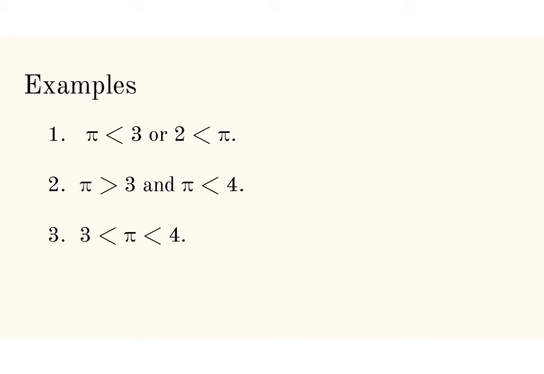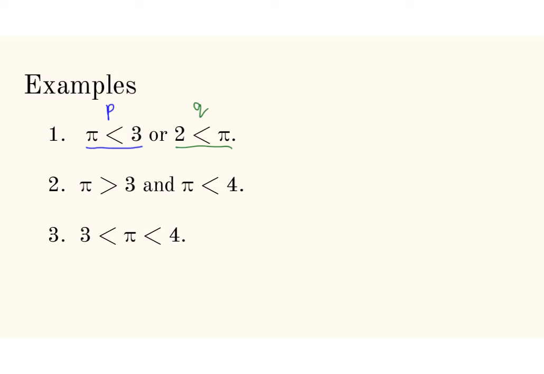Now let's look at some mathy examples. We have pi is less than 3 or 2 is less than pi. So what we're going to do is try to make sense of this. This first one here can be our P, and the second one we'll call Q. So we're redefining what P and Q are. It's a new set of examples.